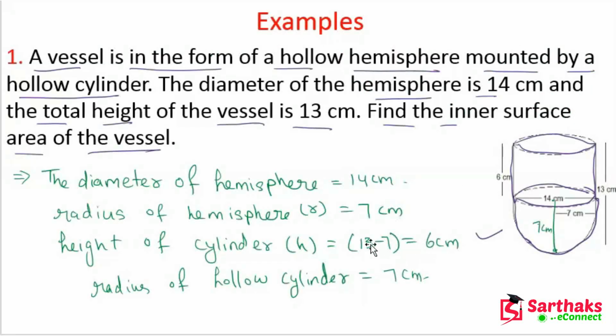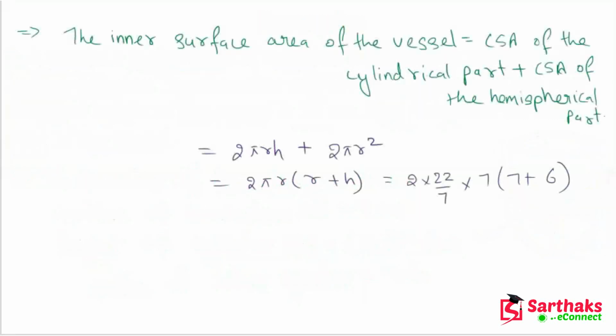Now if we solve this, the 7 will be cancelled. We get 44 into 13. If we solve this, we get 572 centimeter square. So this is the inner surface area of the vessel. This is our answer.